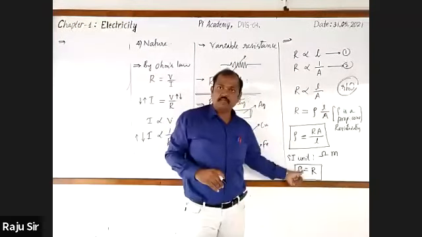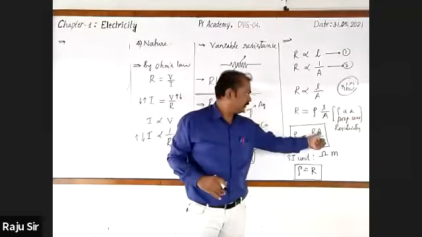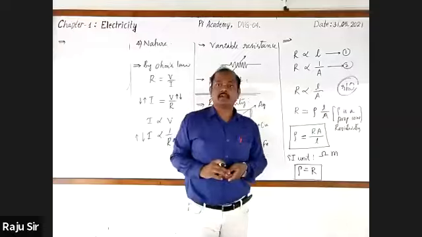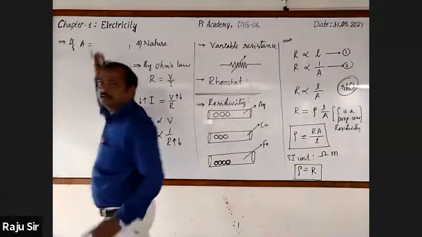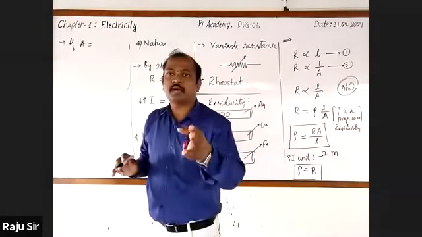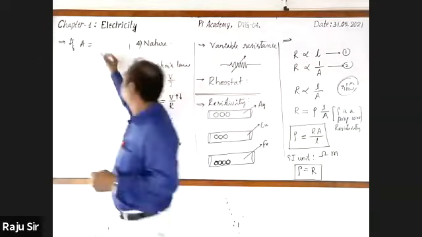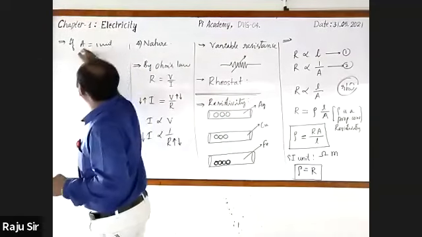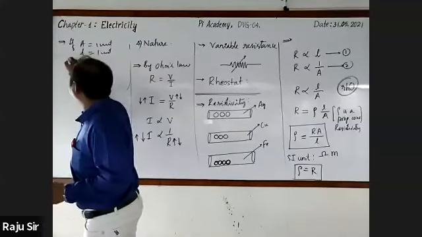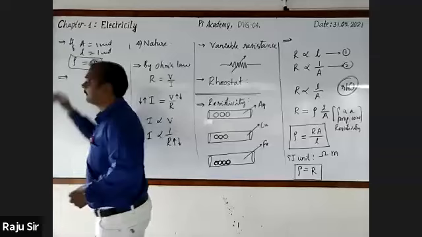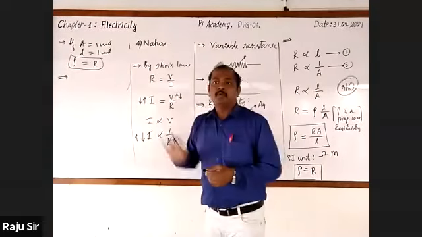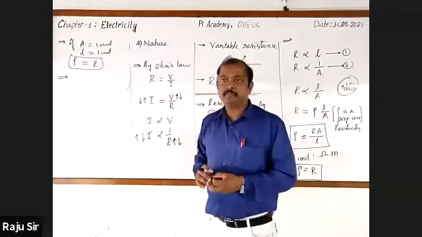Resistivity is nothing but the resistance of a conductor of unit length and unit area of cross section. That means if area is 1 unit, 1 meter square, and length is 1 unit, then you can write rho is equal to R. So do remember this one.